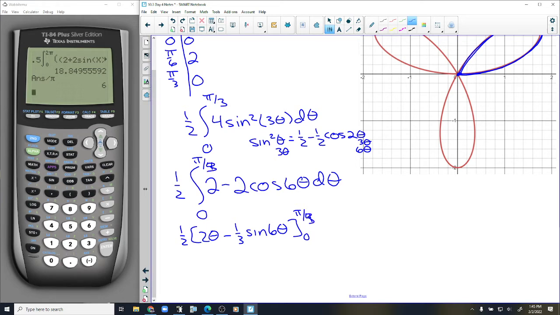All right. 1/2 of 2 pi over 3 minus sine of 2 pi is 0, minus 0 minus 0. So it ends up being pi over 3 is the area of one petal of that rose.